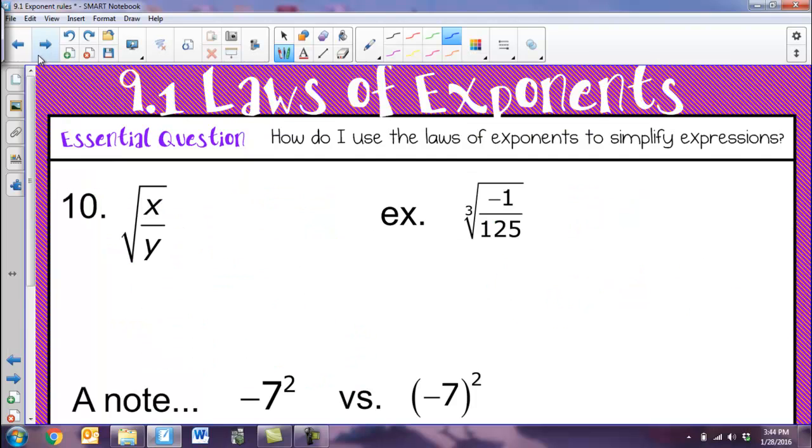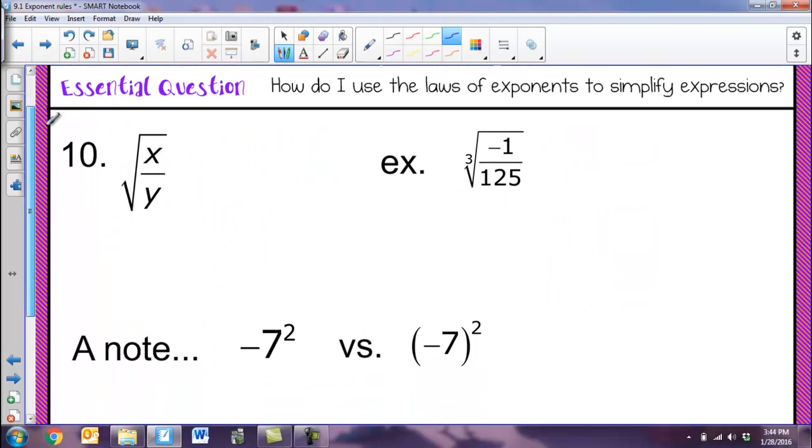And one of our last misconceptions, or maybe not misconceptions, just a reminder, is that if you ever have a square root of a fraction, you can always just do the root of the top over the root of the bottom. And that makes life a lot easier to try to simplify when you're just taking roots of pieces. So for instance, I had this expression, the cube root of -1 over 125.